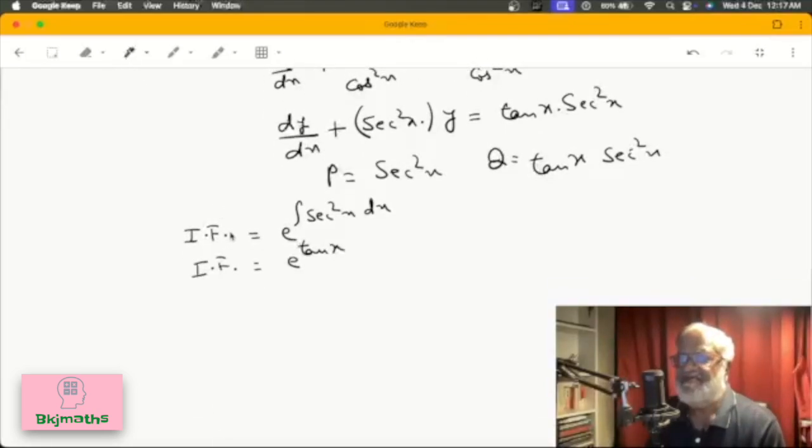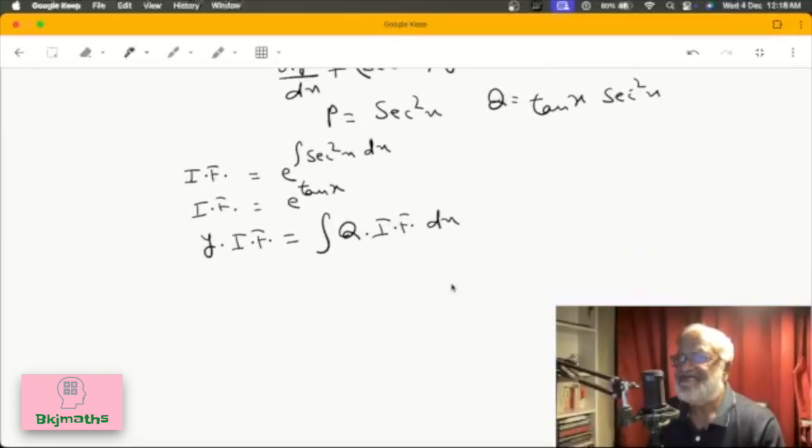Now third step, write the solution. Solution is y into integration factor equals integration q into integration factor dx.